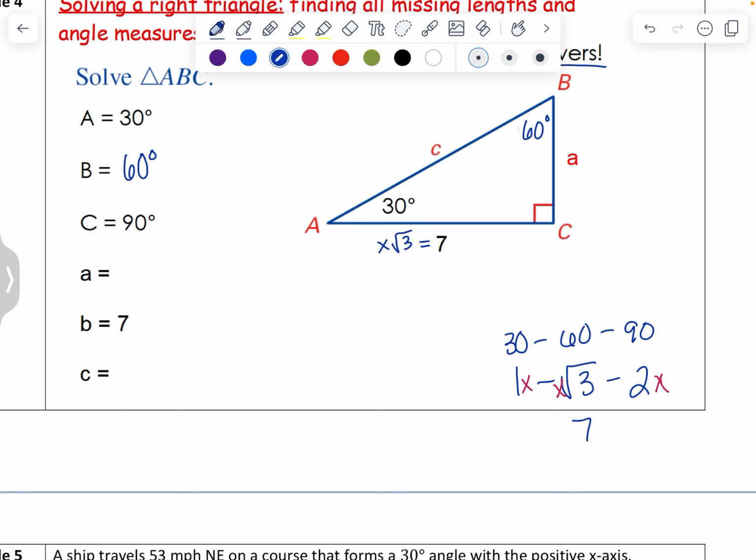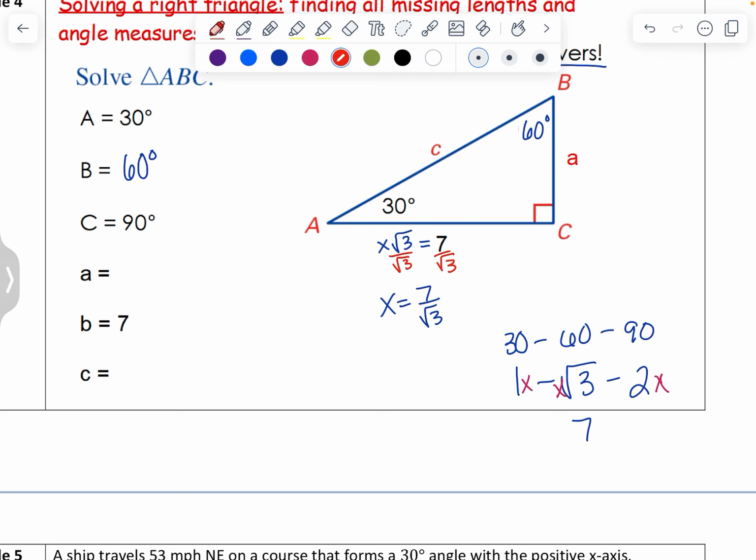So your short leg times the square root of 3 gave you 7. So to find your short leg, you have to work backwards. So since the short leg times the square root of 3 equals 7, you would take 7 divided by the square root of 3 to find that value and go backwards. So that means that your short leg would be 7 over the square root of 3.